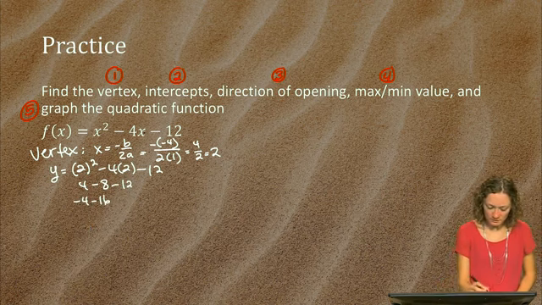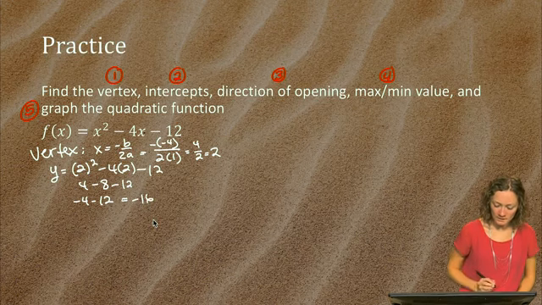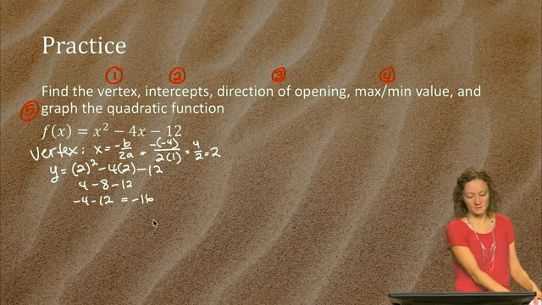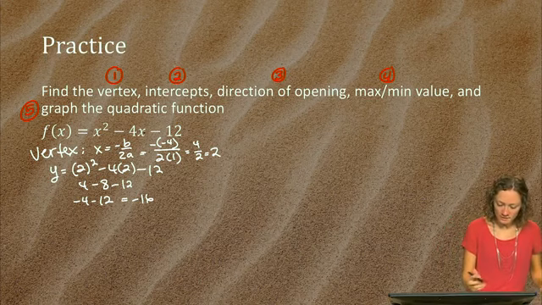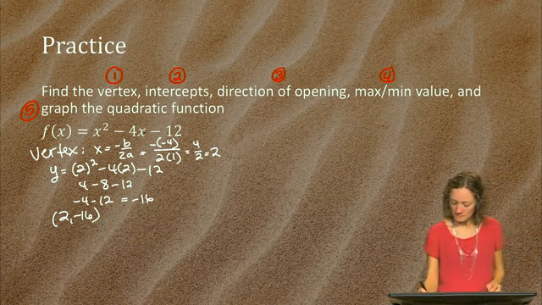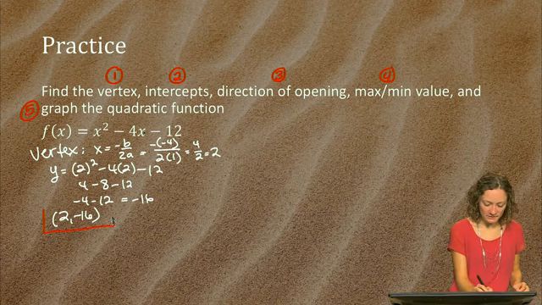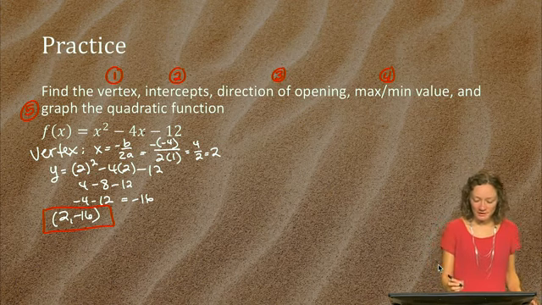Whoops. So the vertex, (2, -16). Good. One piece of information. Okay, let's go to the intercepts next.